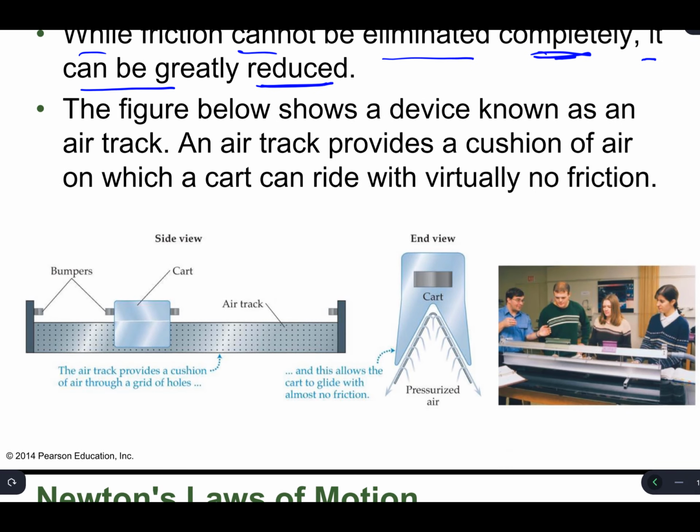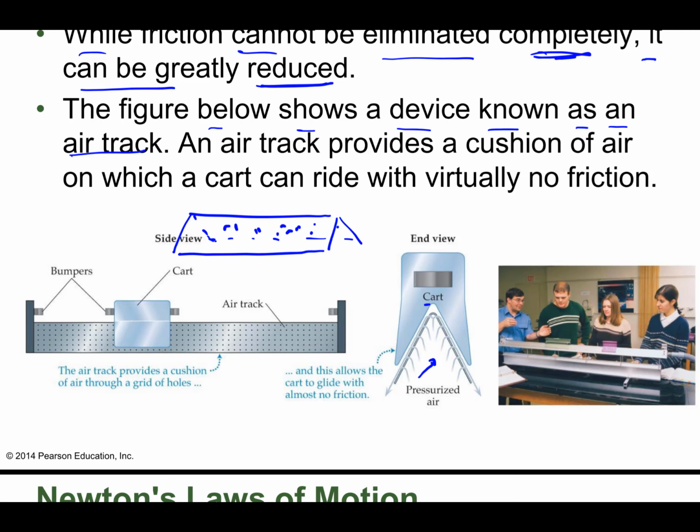Like the figure here. The figure below shows a device known as an air track. It's a track that has small holes as you see. It's shaped like that, and there are holes here, and we push air. So the cart above it is like flying.